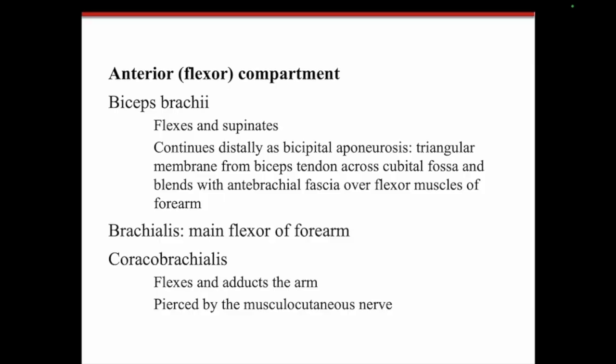The coracobrachialis is a flexor and adductor of the arm at the shoulder, whereas the biceps and the brachialis are flexors of the forearm at the elbow. The brachialis is considered to be the strongest, and the biceps brachii is also a supinator.